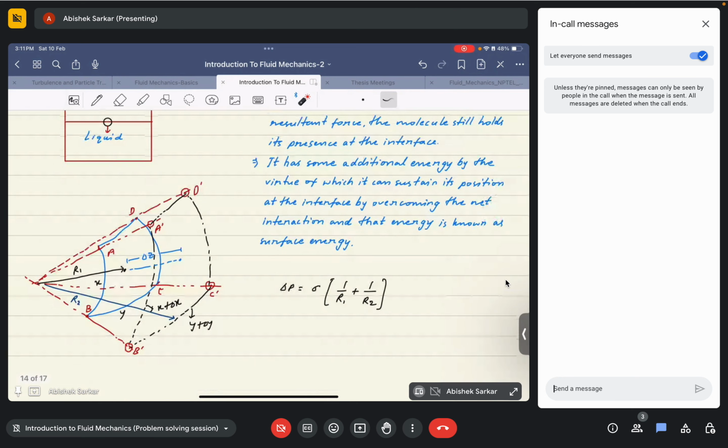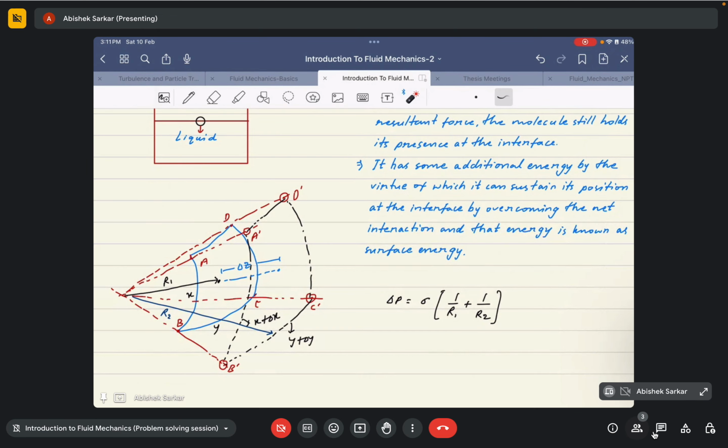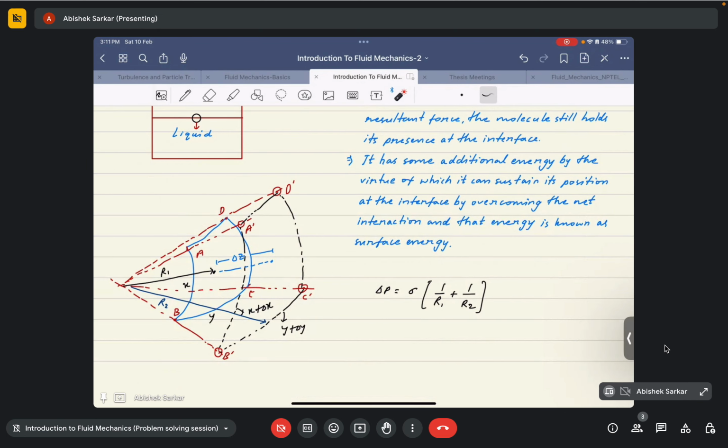In the general way, we address surface tension through a surface tension coefficient, and its units are force per unit length, where the force is the surface tension force and L is the perimeter of the surface on which the surface tension force is acting.